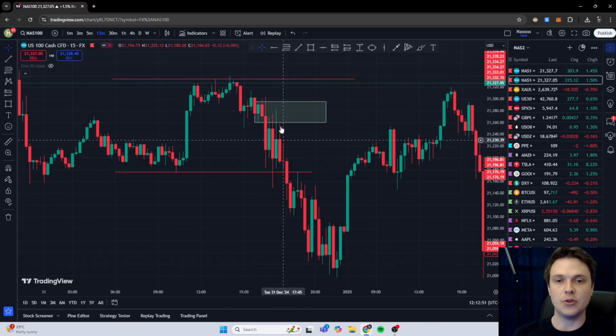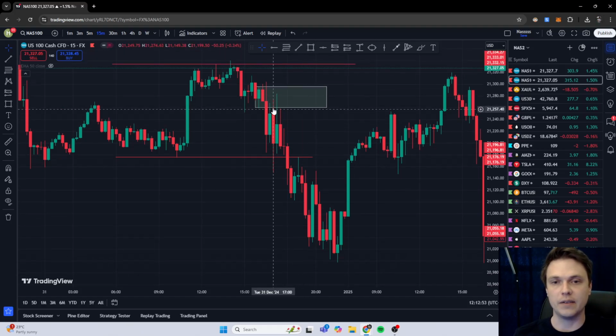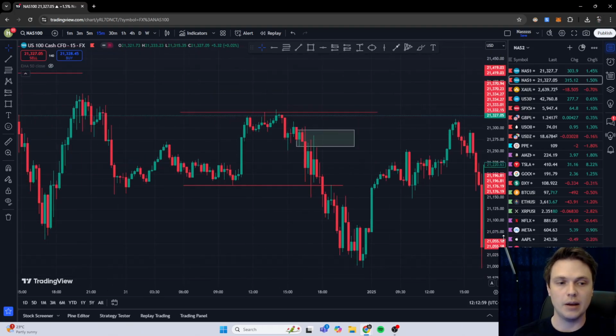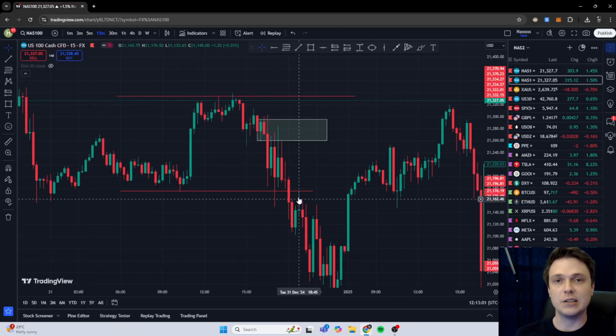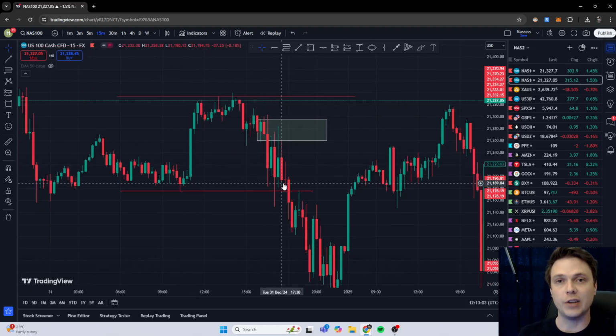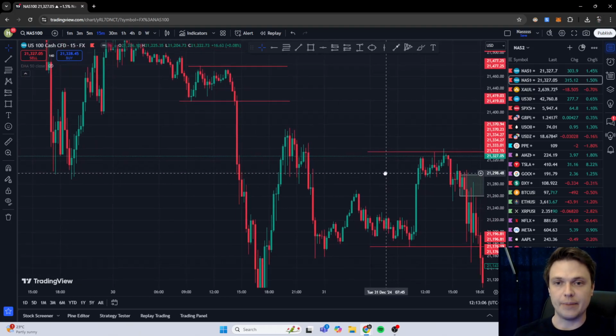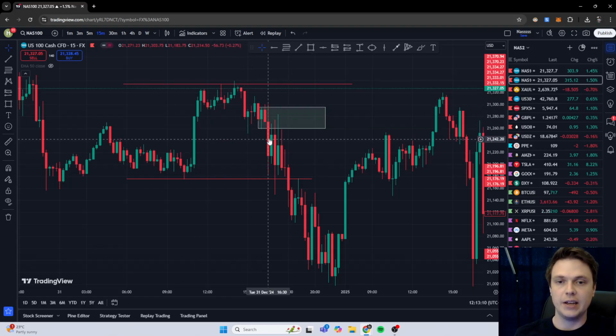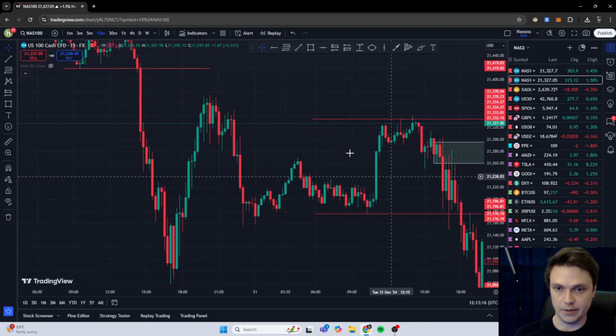So yes, the same trade happened: sell there, stop loss above, this candle came down, and hit our TPs at the bottom here. Another perfect trade, but I want to show you that not all trades will be perfect in terms of how pretty the candles are. Even though it is a perfect trade, you just need to sometimes identify that order block, even though the candles aren't the prettiest at that moment.